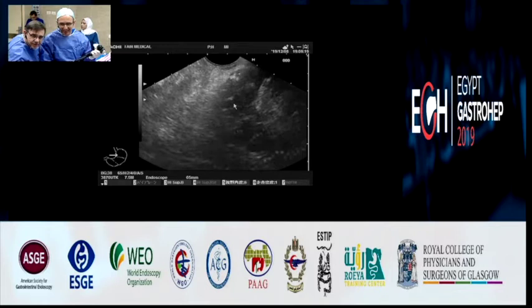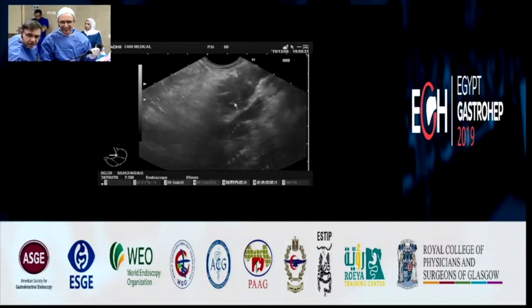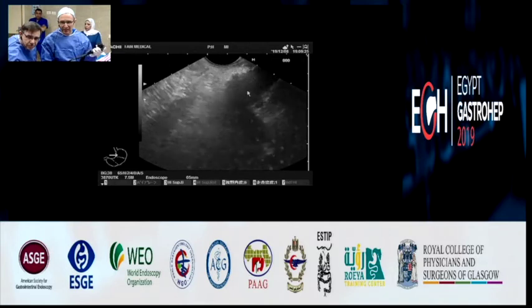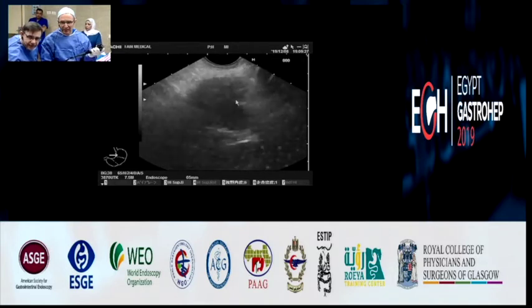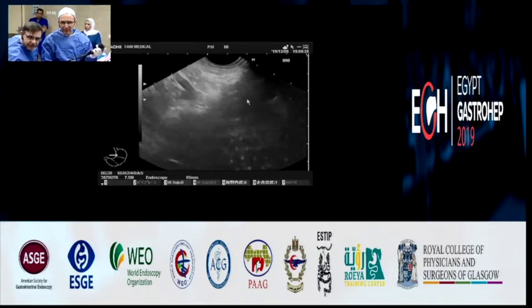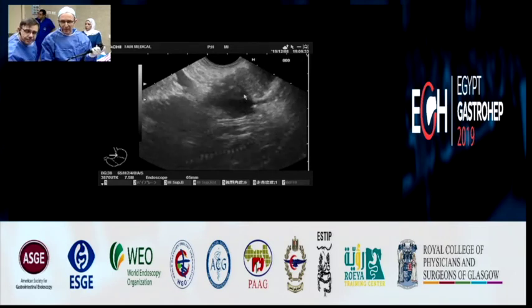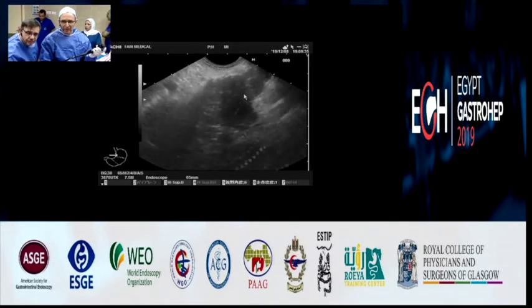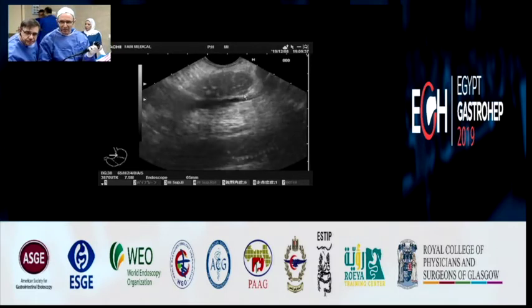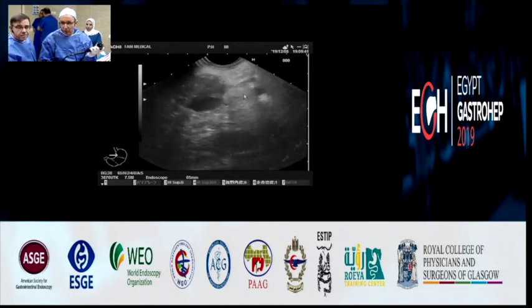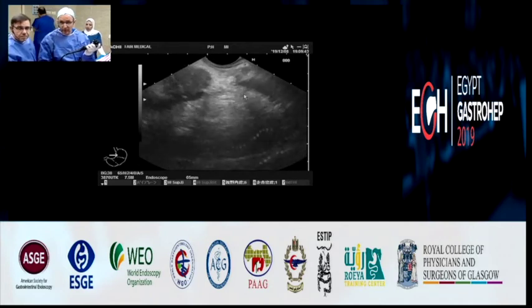This is a young patient with no visible main pancreatic duct because it's very thin, with a mass in the head and this hypoechoic pancreas. Yes. That's very important when we choose the needle for this patient, right?